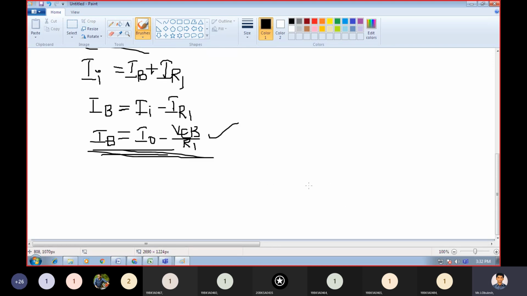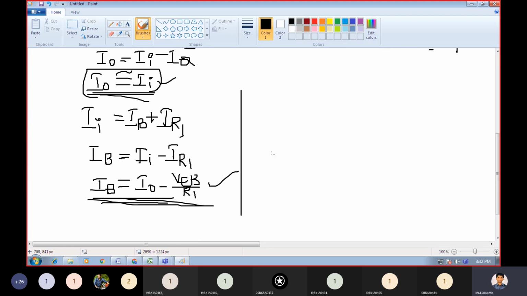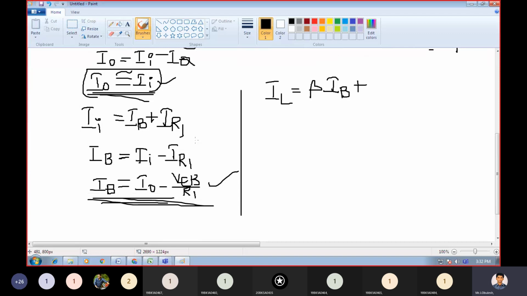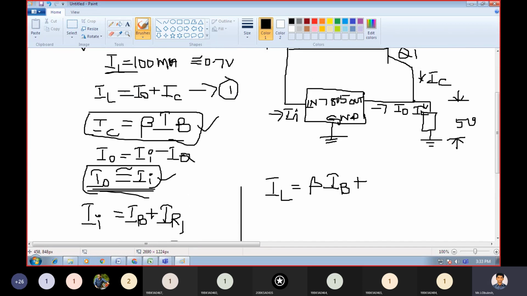What will we get here? You need to see that IL, the load current, is equal to IC, which is beta into IB, plus I0. IC is equal to beta into IB, and I0 is equal to II.